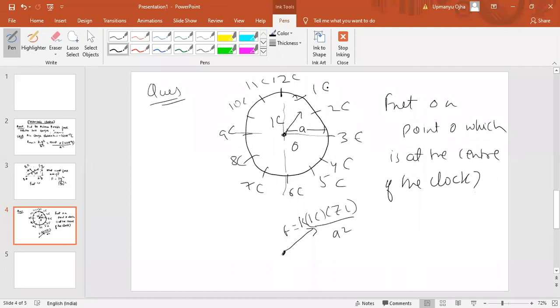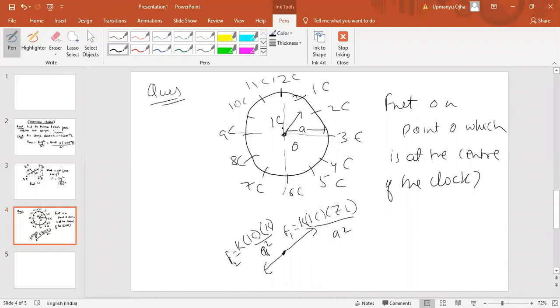Now the force of 1 coulomb charge on the center, say this is F1, this is F2. F2 will be equal to K into 1 coulomb into 1 coulomb by A square. Now, can we find the net force acting due to 1 coulomb and 7 coulomb?